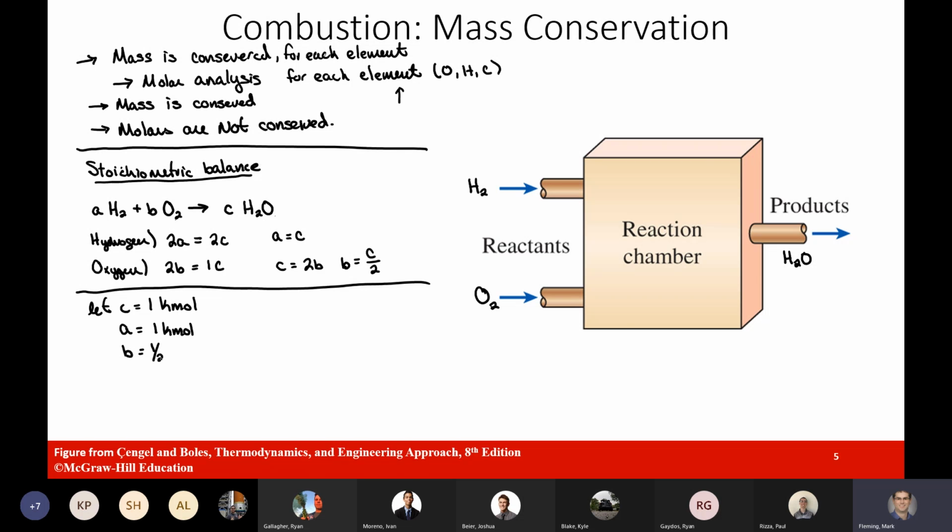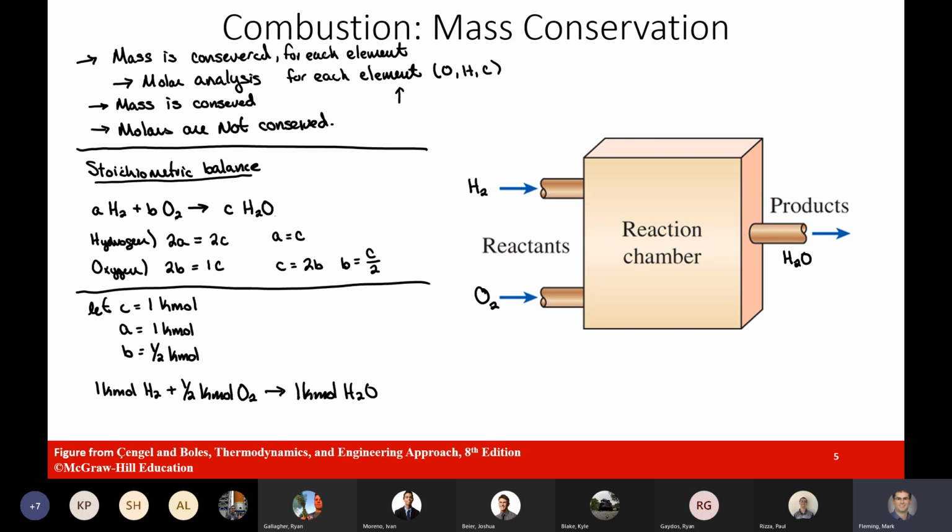And so we would have 1/2 kmol coming in on the oxygen side. And so if we were to write this out, we'd have 1 kmol of hydrogen plus 1/2 kmol of oxygen goes to 1 kmol of H2O, or water.